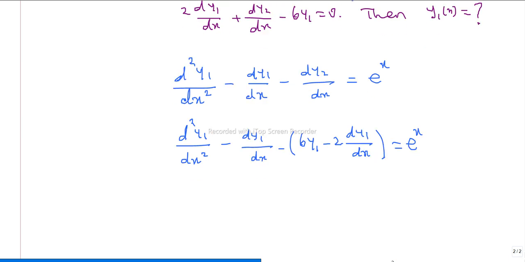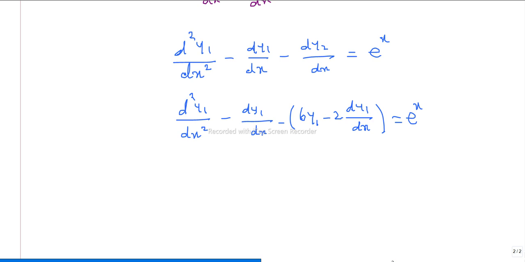Okay, simplifying, we have d square y1 by dx square plus dy1 by dx minus 6y1 equal to e power x.